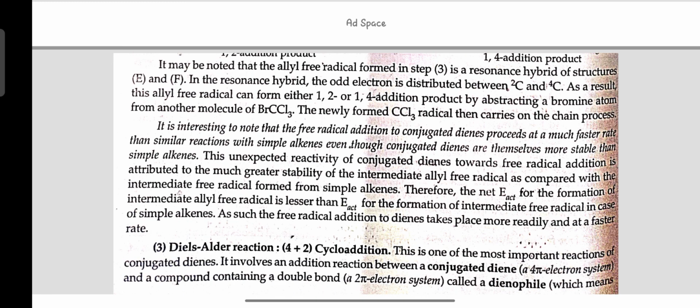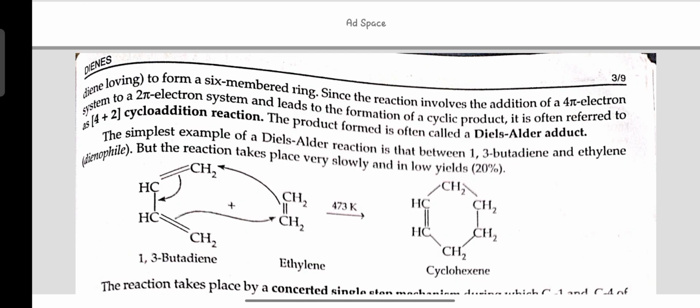3. Diels-Alder reaction, 4 plus 2 cycloaddition. This is one of the most important reactions of conjugated dienes. It involves an addition reaction between a conjugated diene and a compound containing a double bond called a dienophile, or diene-loving, to form a six-membered ring.